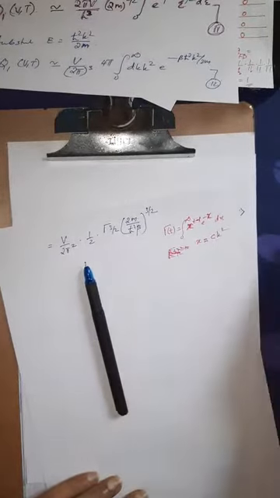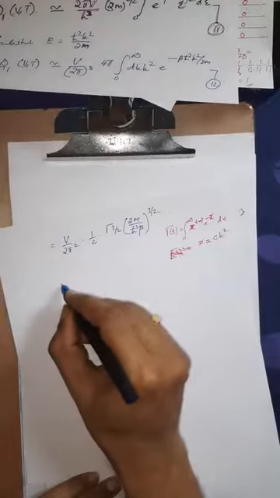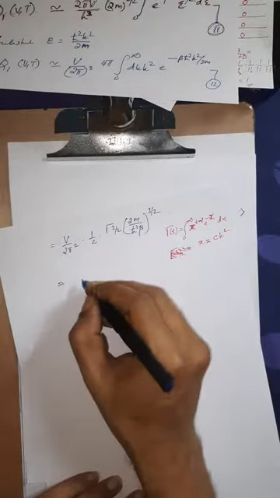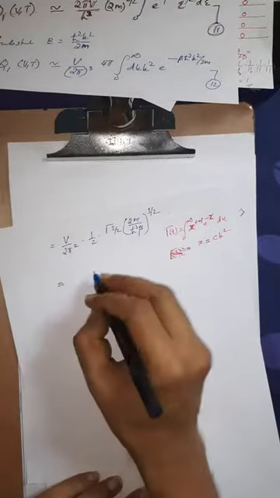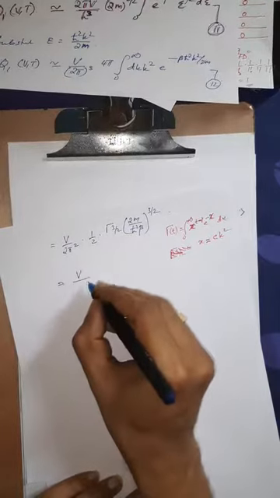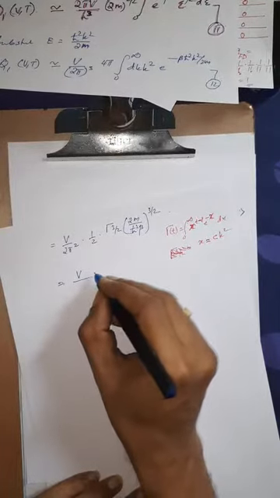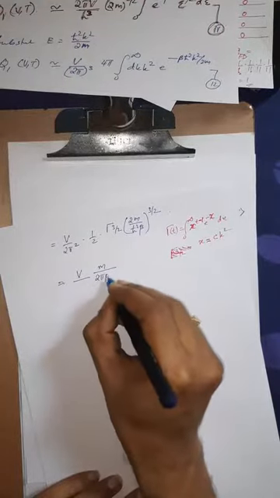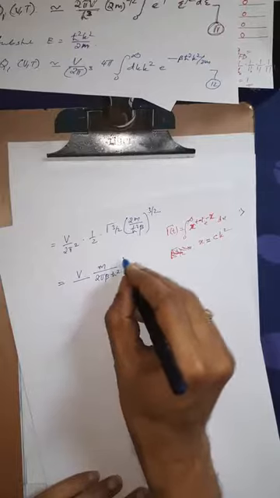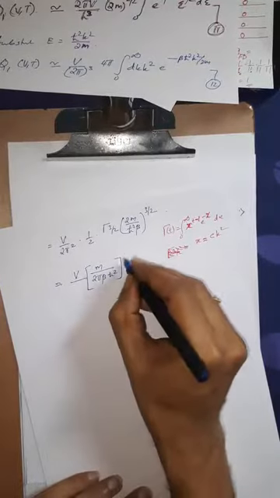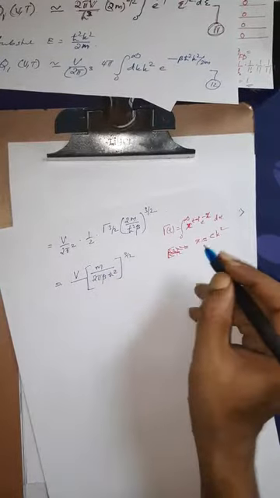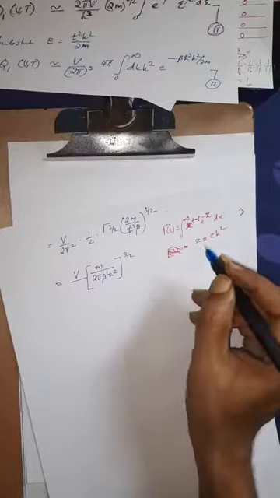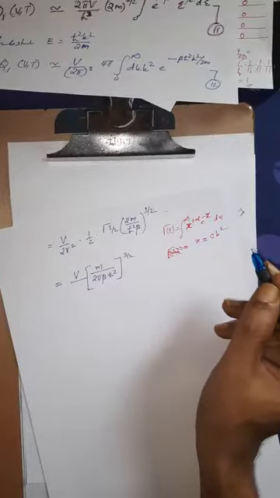That is how I do that, and this I can express as equal to V into m by 2 pi beta h squared raised to 3 by 2, because gamma of 3 by 2 is equal to 1 by 2 into gamma of 1 by 2, which is equal to root pi by 2.